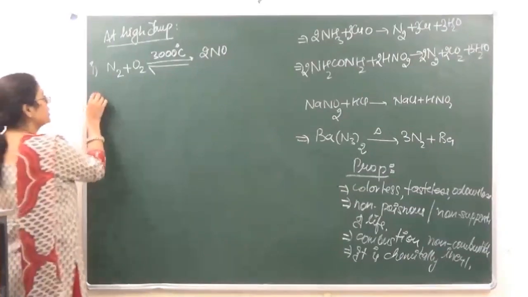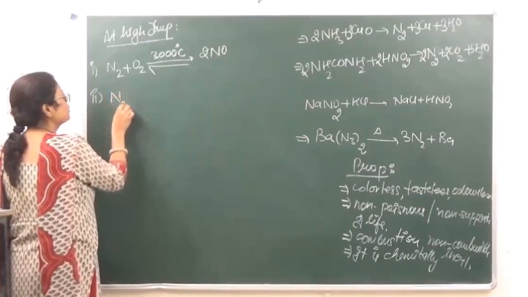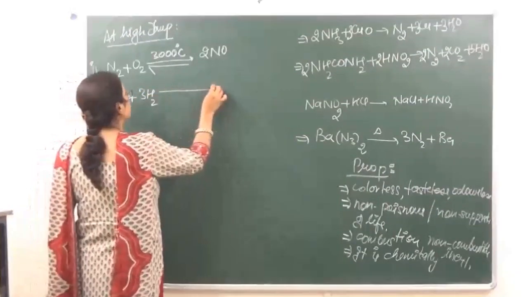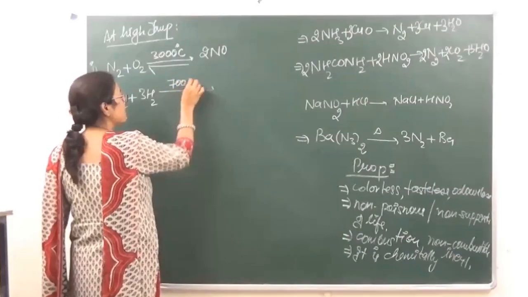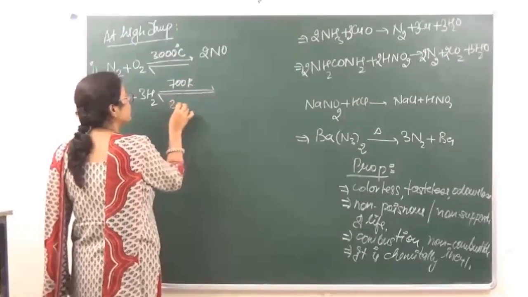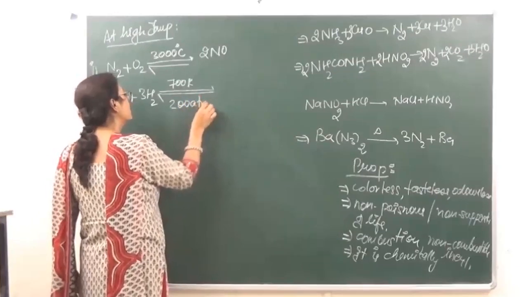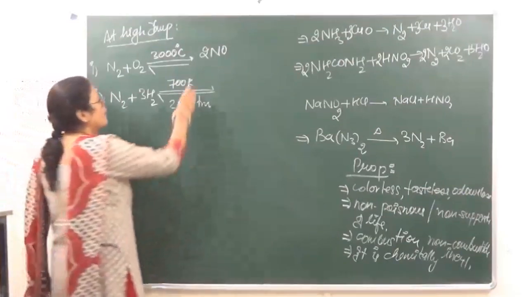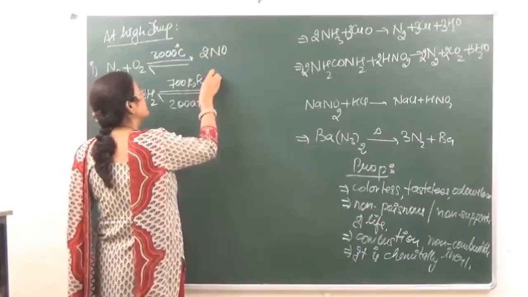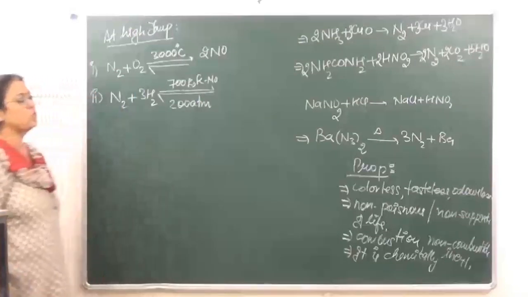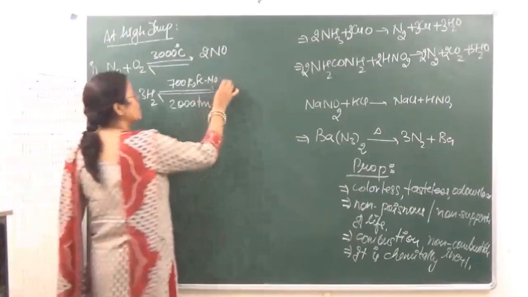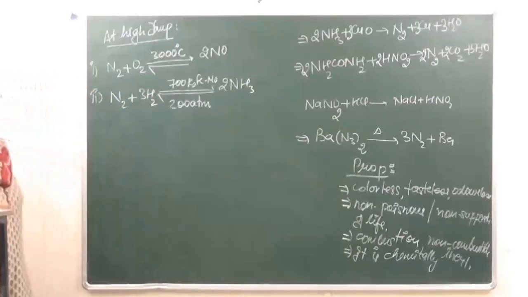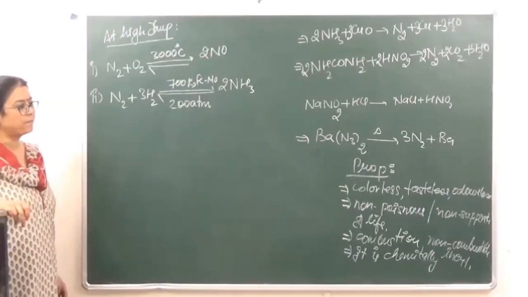Then second reaction is reaction of nitrogen with hydrogen at a temperature of approximately 700 Kelvin and at a pressure of 200 atmospheres. The reaction takes place in presence of a catalyst which is Fe, iron, and in presence of a promoter which is molybdenum to give us a suffocating gas with a pungent, ammoniacal smell, which is known as ammonia. ठीक है?